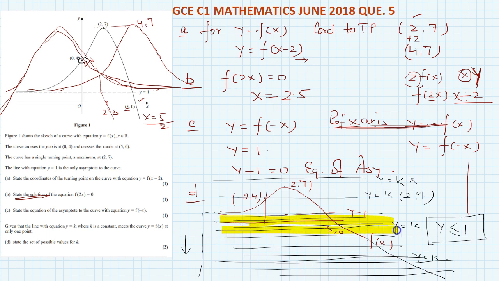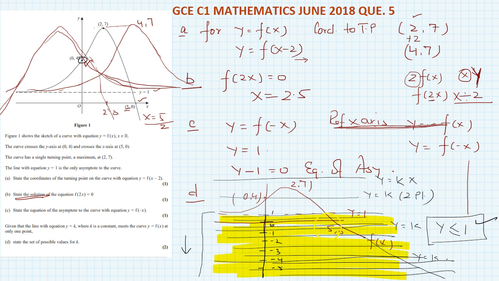You draw any line, you can have any value of y: 1, 0, minus 1, minus 2, minus 3, minus 4, minus 5, all these values.